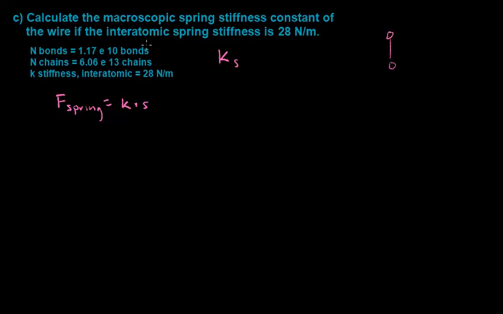So we're not talking about finding the microscopic, which is the interatomic spring stiffness. We're not talking about finding the value that we already have. We're talking about macroscopic, the entire wire. When the entire wire as a whole stretches or compresses, how much stiffness is it going to have? So we want the stiffness constant of the wire macroscopically, macro.